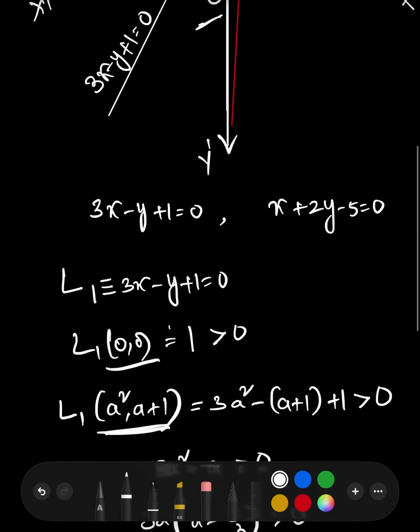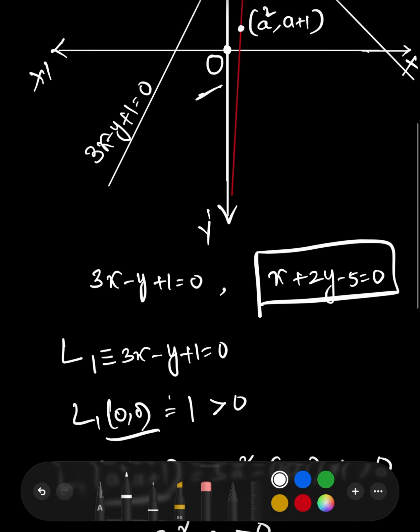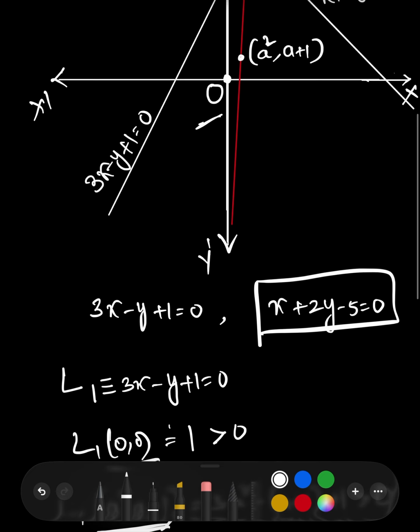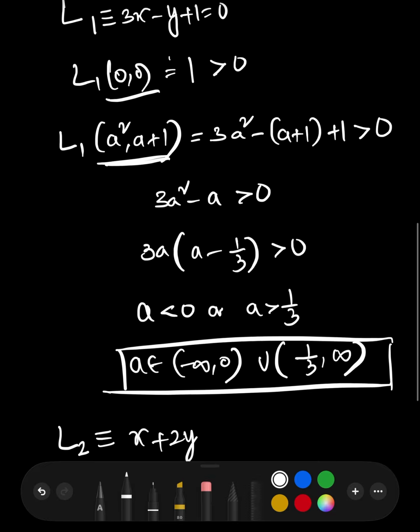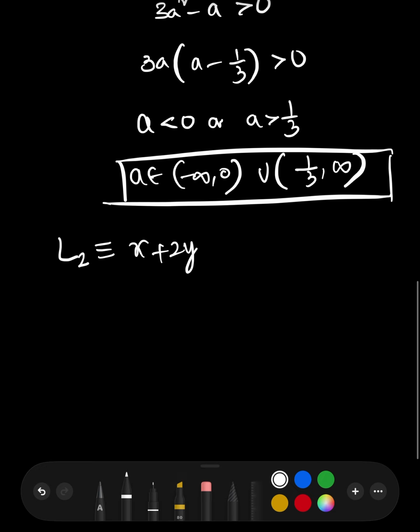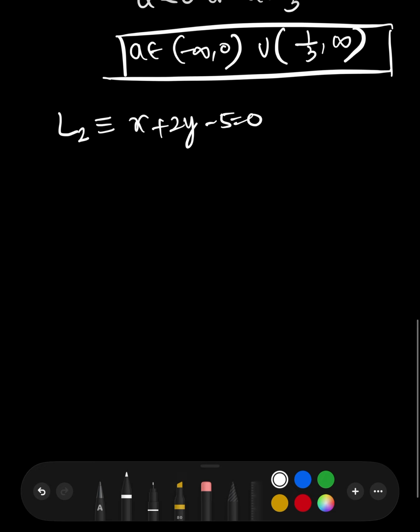Now move on to the second line. With respect to this line also, the origin and (a square, a plus 1) lie on the same side. Let the line be L2, x plus 2y minus 5 equal to 0. If I substitute the origin (0, 0), I get minus 5, which is less than 0.